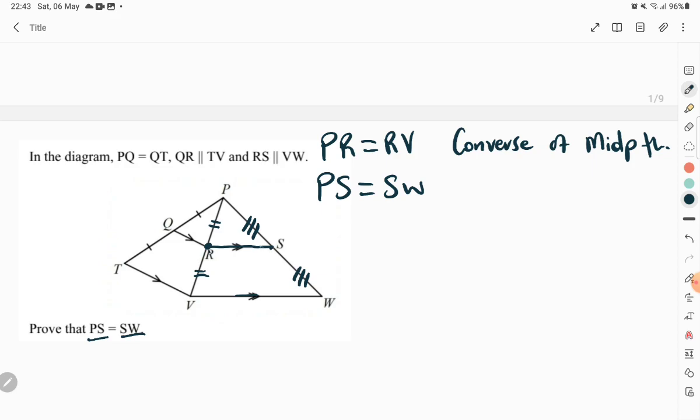Then we know that RS is going to bisect the third side as well, and the reason is converse of midpoint theorem. Okay, so I think we are done with answering number 1.